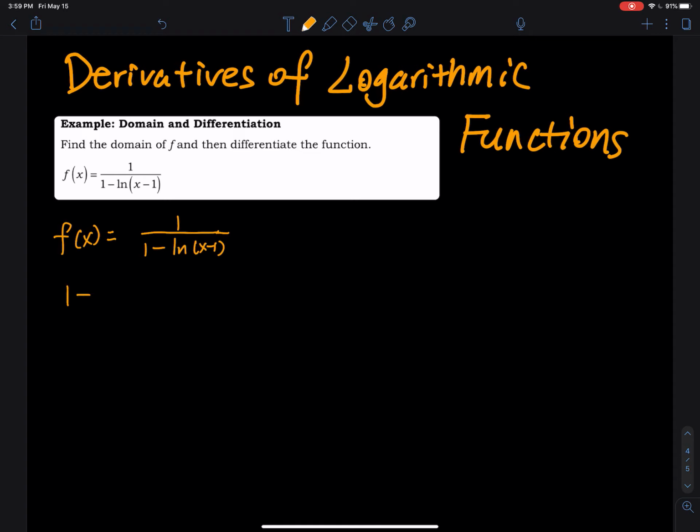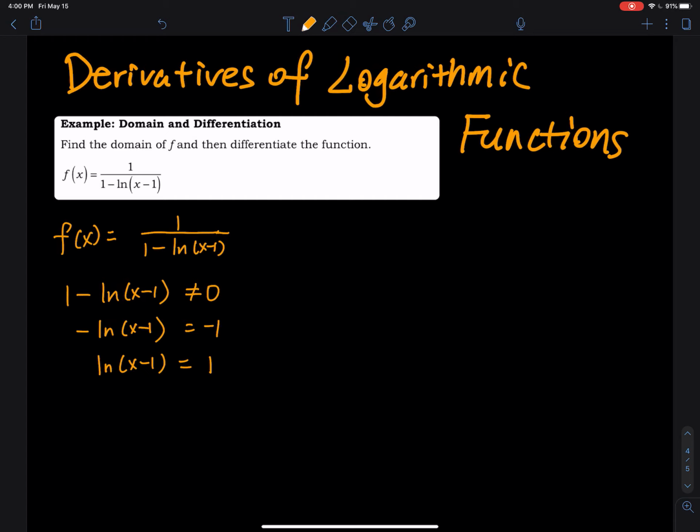1 minus ln(x minus 1), the denominator cannot be equal to 0 because 1 divided by 0 is undefined. And then we solve this equation, subtract 1 on both sides, and then divide both sides by -1 or multiply both sides by -1. That is equal to 1. And then how do you solve that?